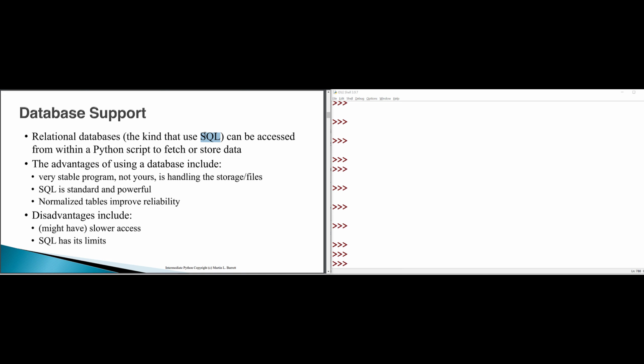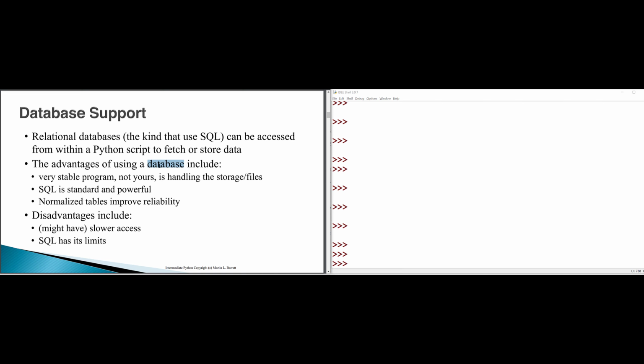All different SQL databases are like 90% the same in terms of the basic capabilities that they offer. They all do have some differences. So if you find yourself needing to work with multiple different kinds of SQL databases, there will be some annoying differences that you have to learn.